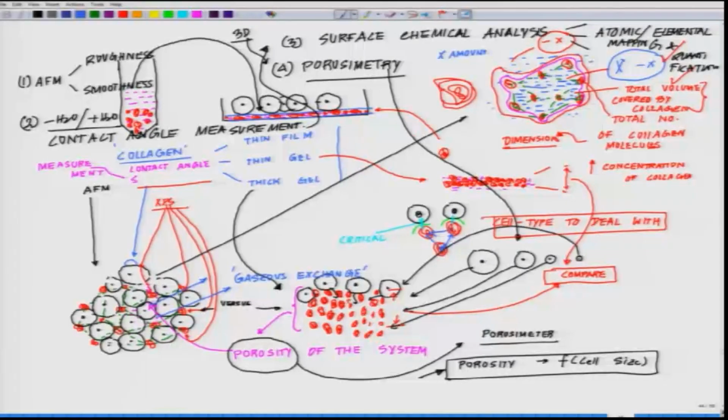Because in such a microenvironment, if you see the interior of the microenvironment, there are metabolites which are being given out in the form of CO2, and the cells will be needing oxygen. So, the gaseous diffusion process, gaseous exchange, happens at an optimal level.